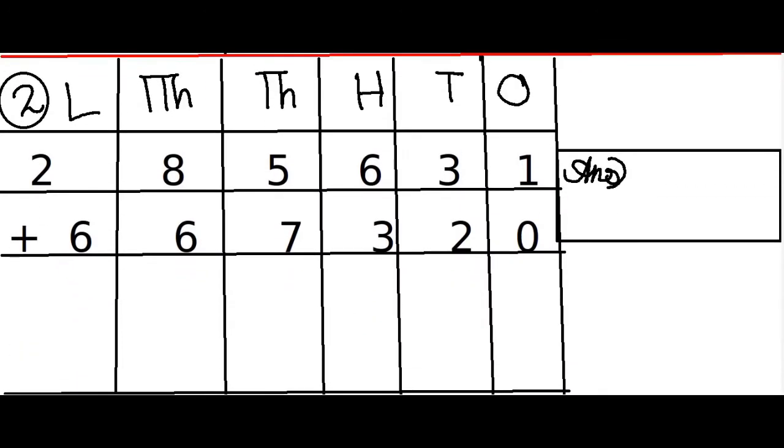See, in this sum there are some numbers which will take time to add. So we are going to do this slowly. 1 plus 0 equals 1. 3 plus 2, 5. 6 plus 3 equals 9. And over here 7 plus 5.